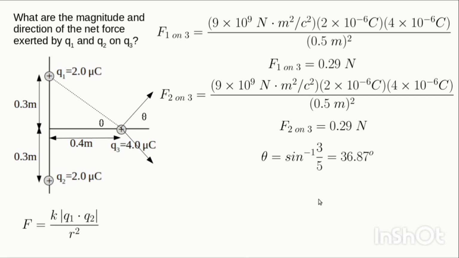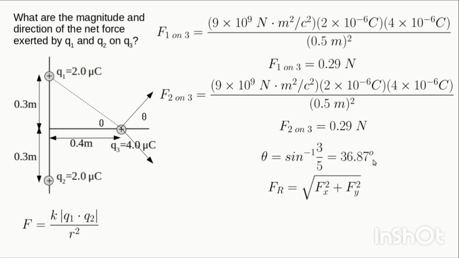To find the resultant, we use this expression: Fr equal to the square root of Fx squared plus Fy squared. So we need to find Fx and Fy and insert them here. To find Fx, we first assume that this force is lying on the zero axis, so that the angle between this and this will be 2 times this.